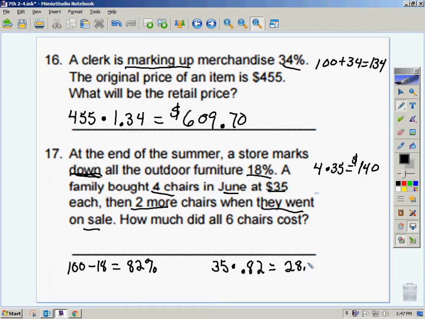So on the 2 chairs, they paid what? $28.70. For those 2 chairs, then they paid $57.40. How much did they pay altogether? 140 plus $57.40. They paid $197.40.